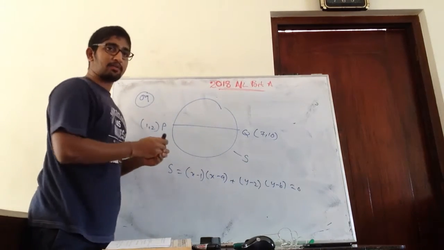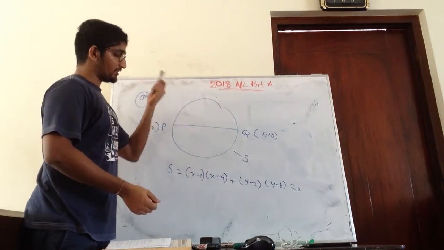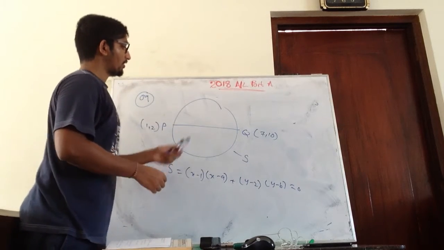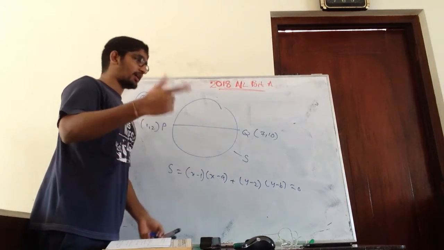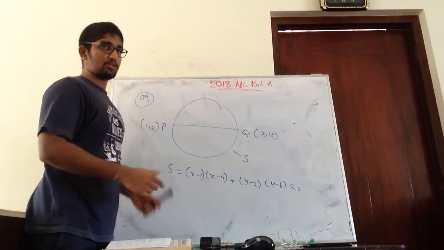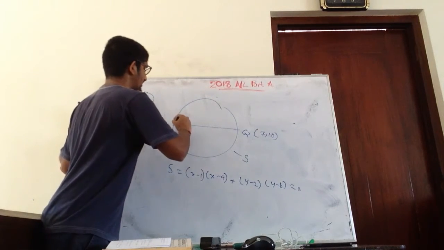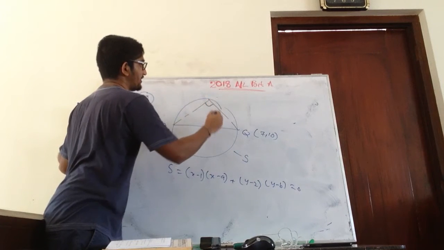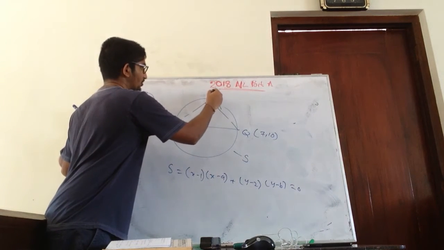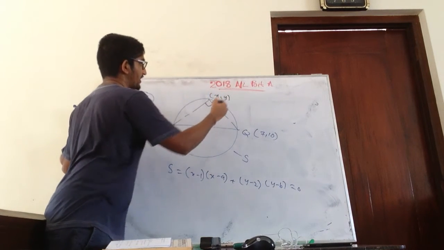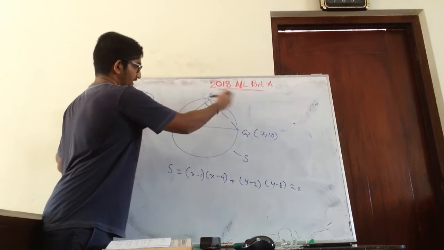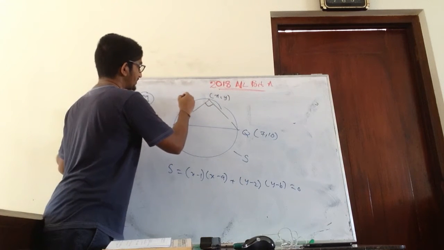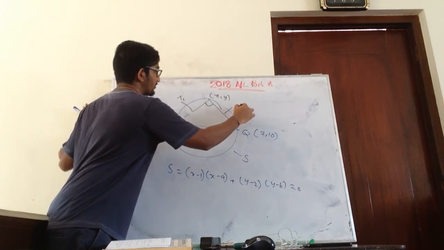Right? So if this is the diameter, you can get the equation. You can either memorize the equation or you can simply get the equation like this. Because of the diameter, this will be 90 degrees, so this is a common point xy, and this is line L1, this is line L2.